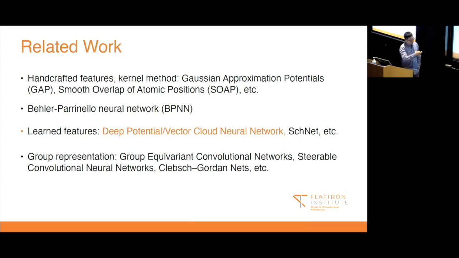Examples are group equivariant convolutional networks, steerable convolutional networks, and Clebsch-Gordan nets. When I looked at the conference, I realized that last year Risi gave a nice talk on equivariant networks.